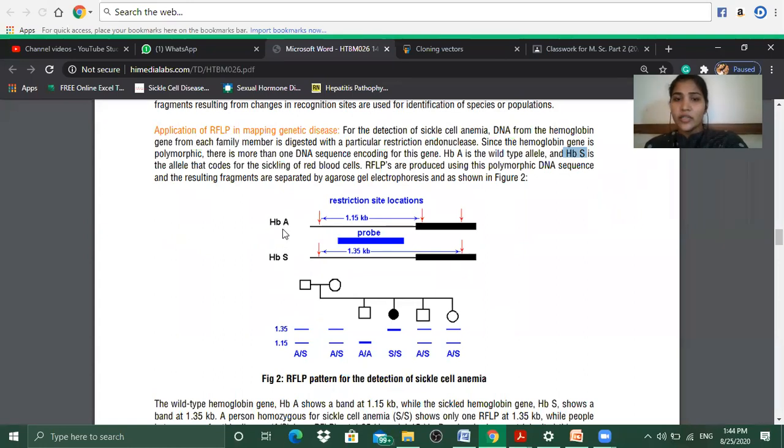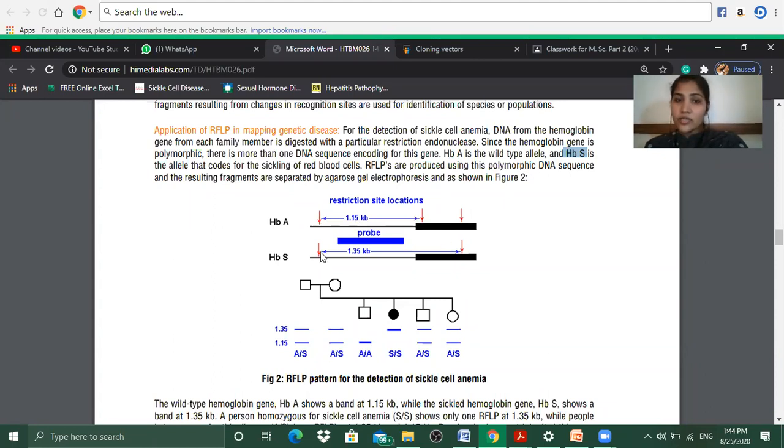You can see here, this is the wild type hemoglobin gene, and this is the mutated allele. You see the restriction sites cutting at this particular site, 1, 2, and 3. These are the restriction site locations, the recognition sites for the restriction enzymes.